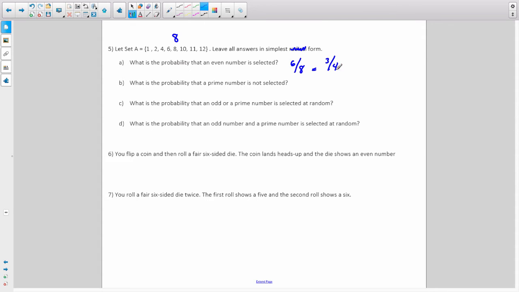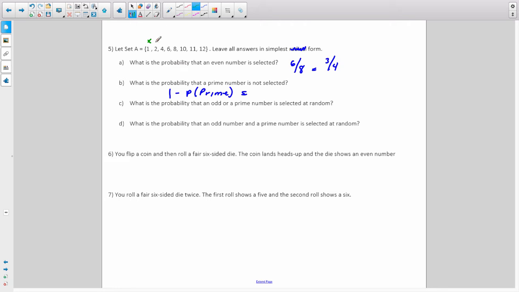The next question, prime number not selected. That's awesome because that's one of these crazy complement questions, which is 1 or 100% minus the probability that you do get prime. So how many prime numbers are there? Well, prime numbers are numbers greater than 1 that have only factors of 1 and the number itself. So right away, 1 is no good. 2 is perfect because 2 is bigger than 1, right?